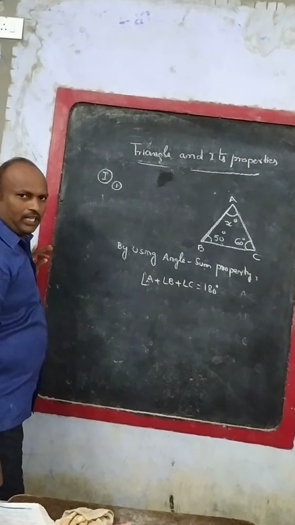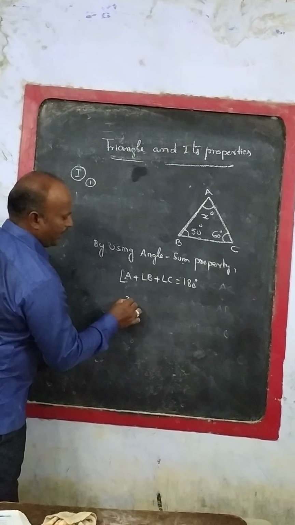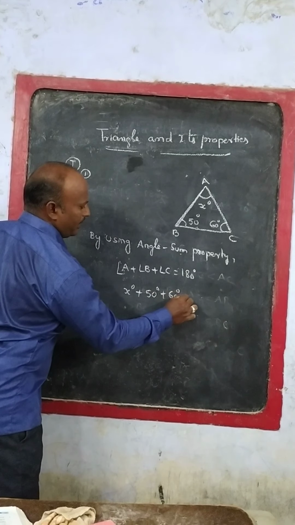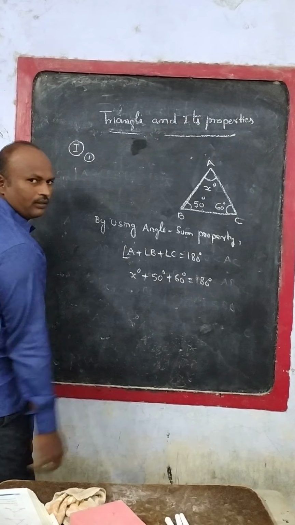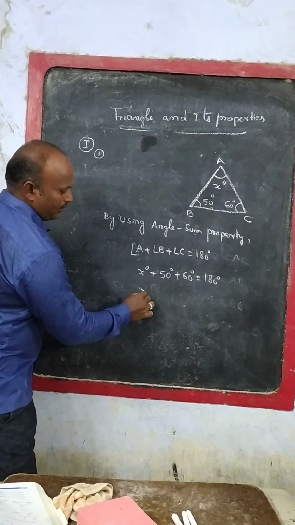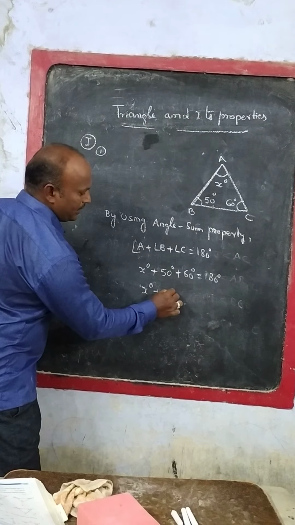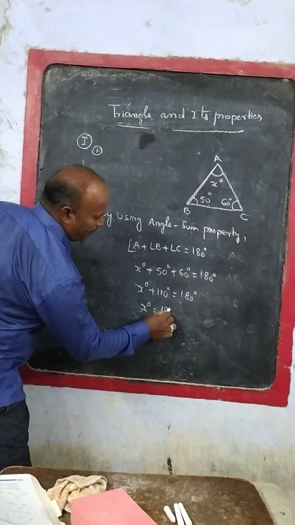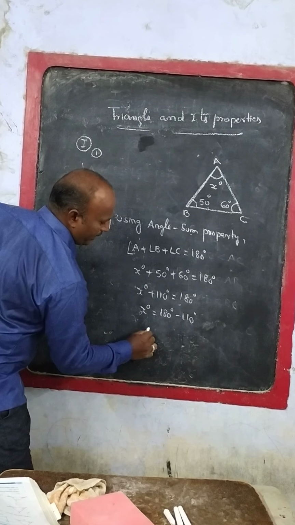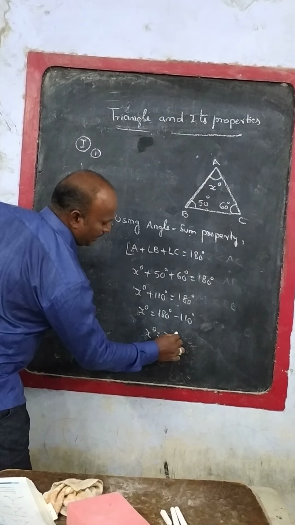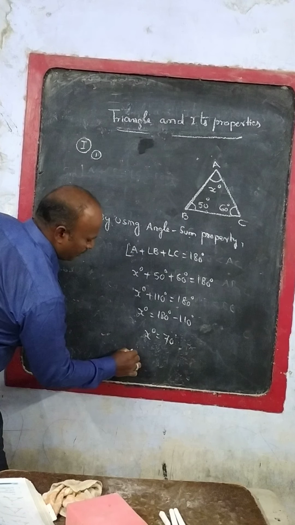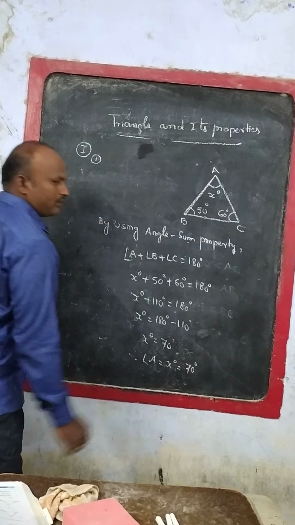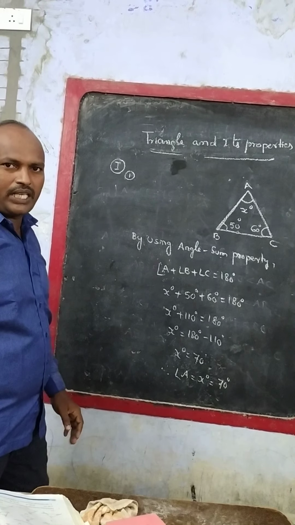Here angle A is x degrees plus angle B is 50 degrees plus angle C is 60 degrees, equal to 180 degrees. 50 plus 60 is 110. x degrees plus 110 degrees is equal to 180 degrees. So x degrees is equal to 180 minus 110, which is 70 degrees. Here x means angle A. Therefore angle A is equal to x degrees, which is 70 degrees. The unknown value of x is 70.